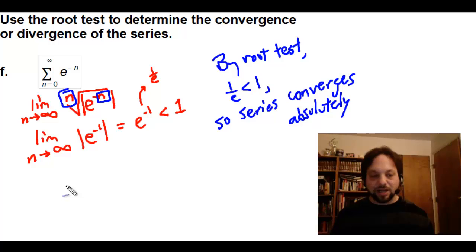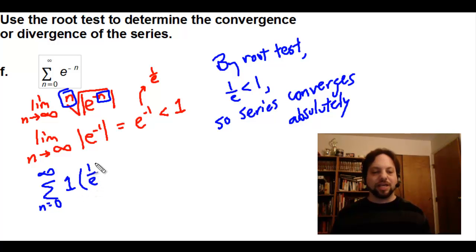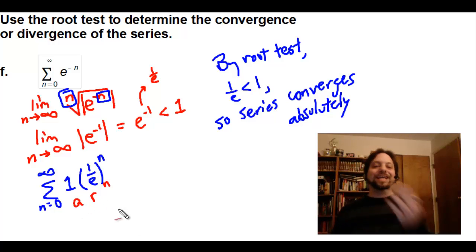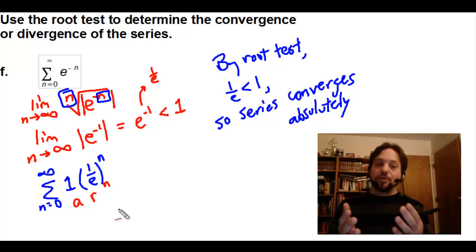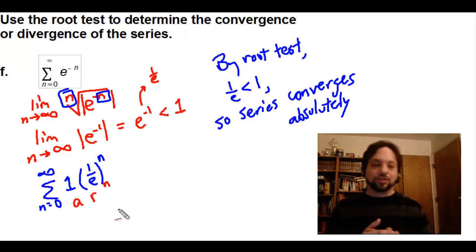Now, once again, if I were to rewrite this problem as the sum from n equals 0 to infinity of, let's say, 1 times 1 over e to the n power, hopefully you could look at that and realize that this is actually another example of a geometric series. Again, the ratio is less than 1, and again, we make the same conclusion that we did with the root test. It's quite beautiful when that happens, when we can solve a series convergence-divergence problem more than one way.